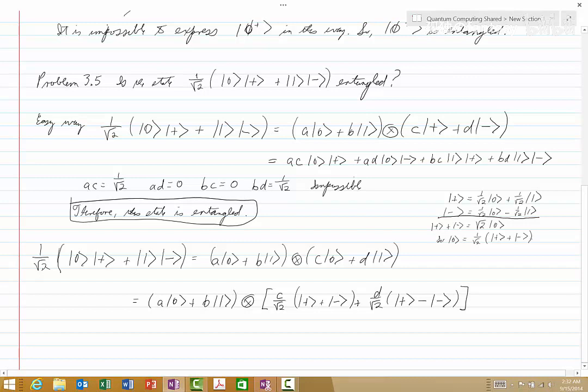And if we instead subtracted these two lines here, we would get that the 1 ket is equal to 1 over square root of 2 times plus minus minus. And then when we take these two equations here and substitute for the 0 and the 1 here, using those equations, then this is what we get.